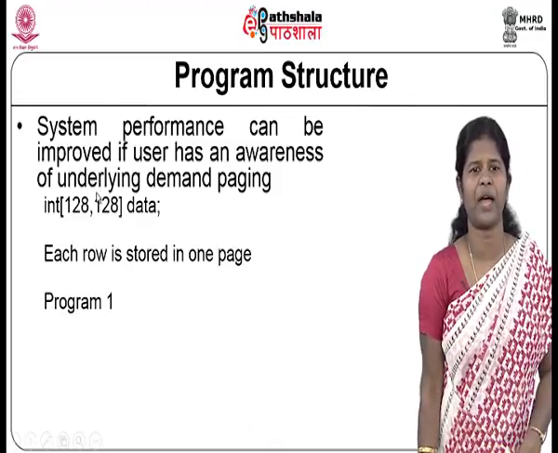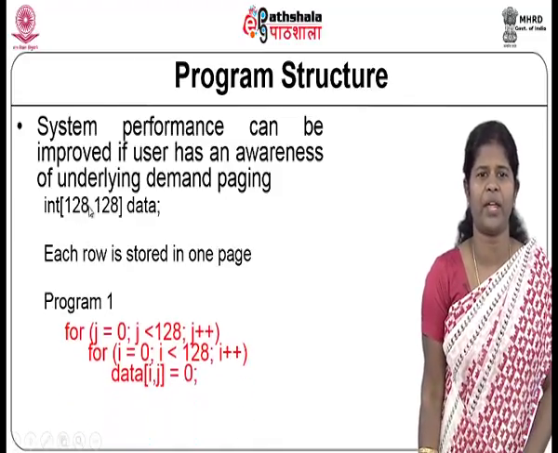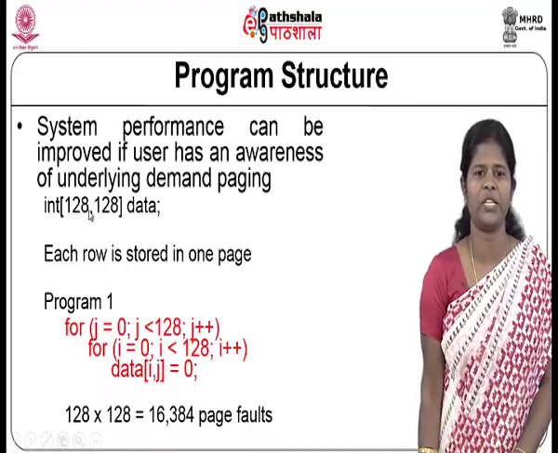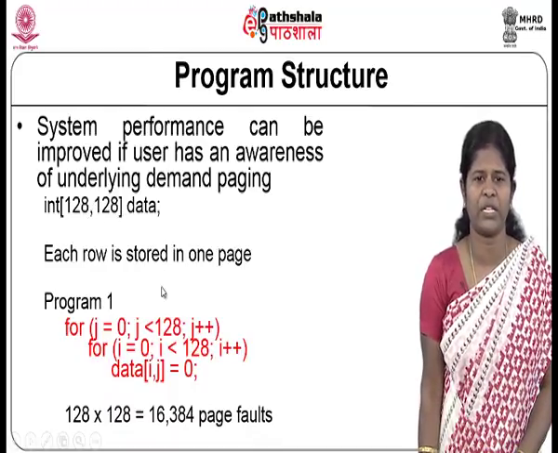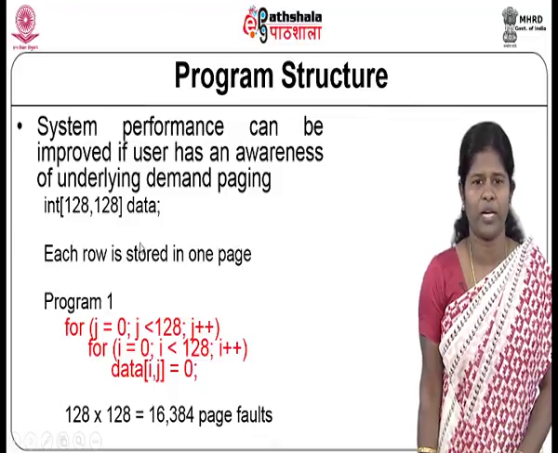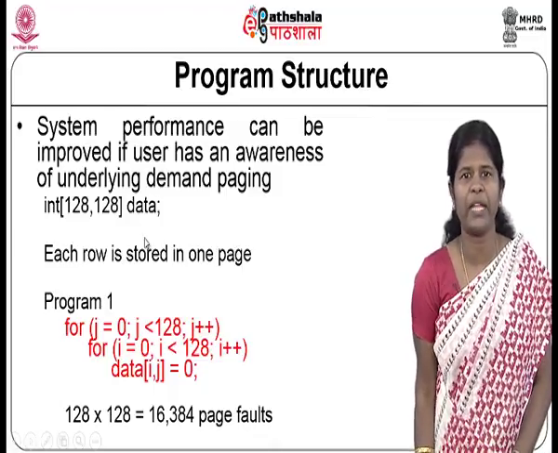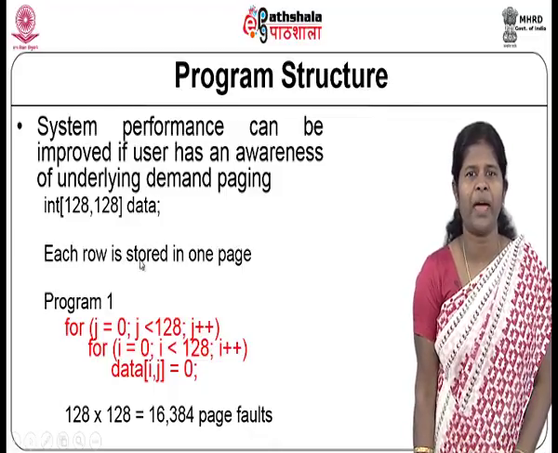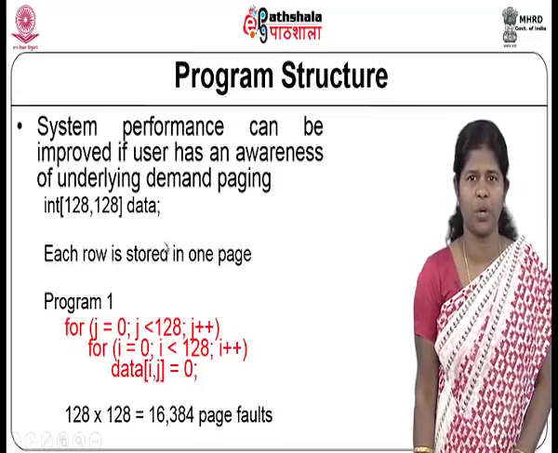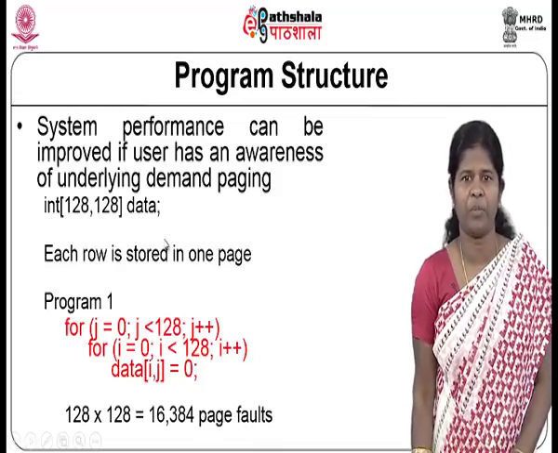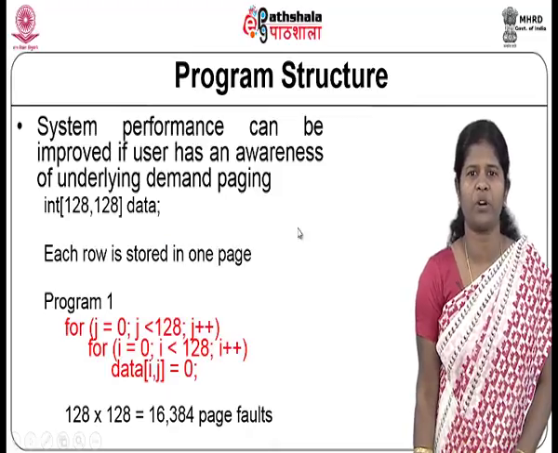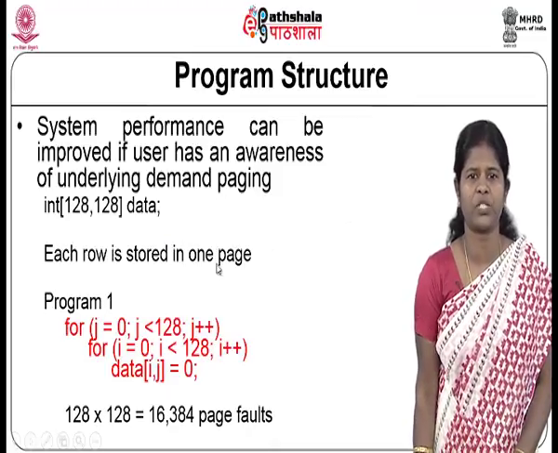Now, look at this program in which they declare an array of size 128 comma 128. Suppose the size of a page is 128 bytes. How are arrays stored in the physical memory? Each row will be stored first and only then the next row will be stored.